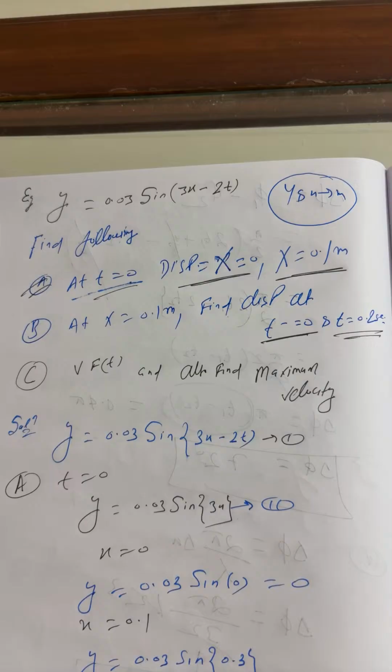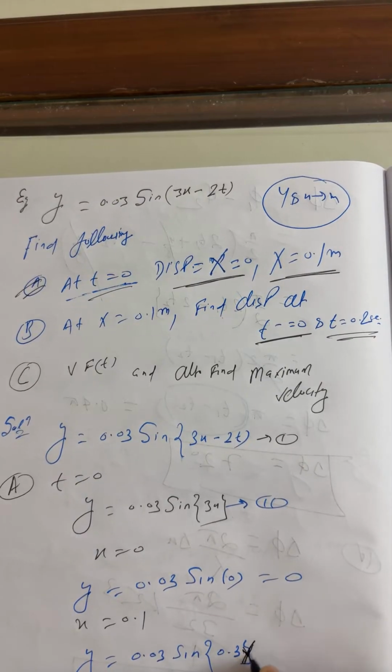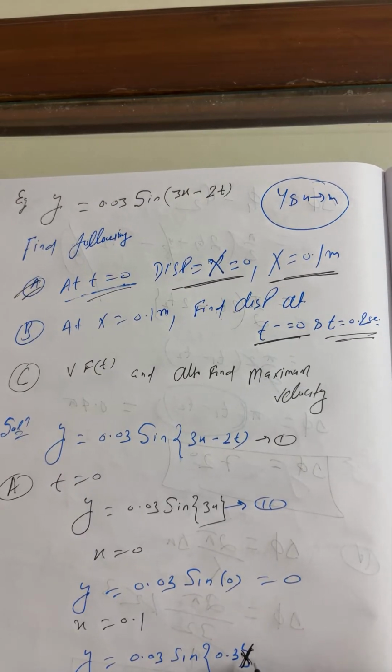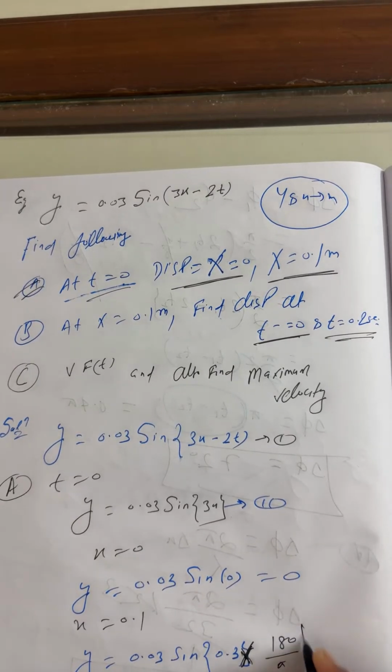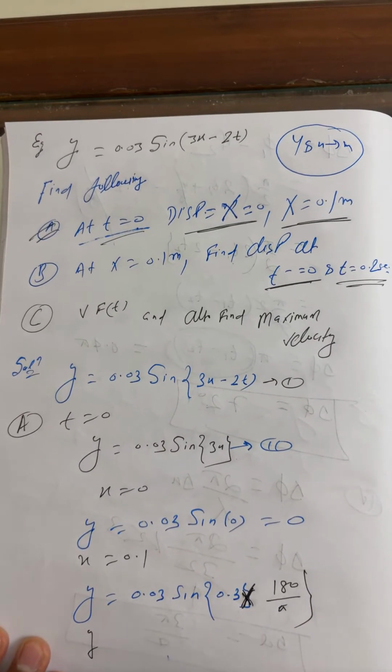We have to convert it into radian. So 0.3, just multiply by 180 by pi, degree to radian and radian to degree. I hope all of you remember.